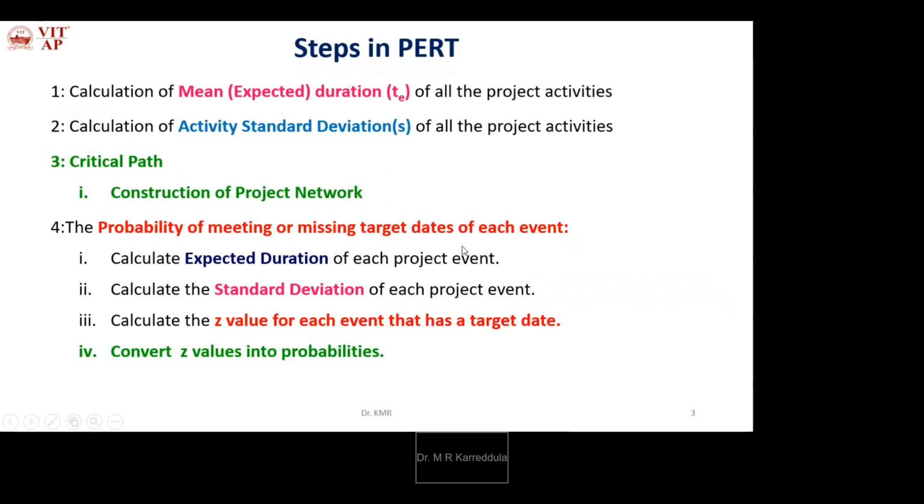These are for activities; this is for events, that is, when should we start the event. For every activity we have a start event and an end event, so both are different. Anyhow, to calculate the event expected duration and standard deviation, we use the activity expected duration and standard deviation. We'll see this in the example.